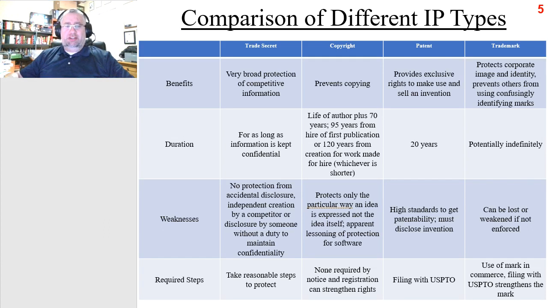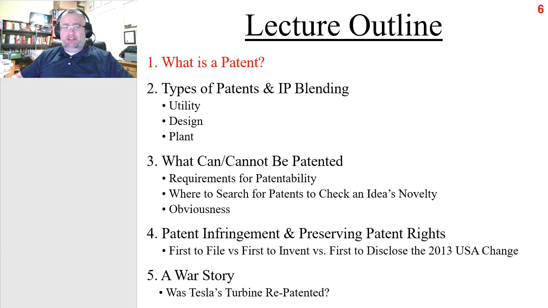Once you have the static slides, which you can download from the course website, you could just take a look at this to very quickly be reminded of what the four IP types are, what they do, how they function, how long they last, how to get them, and so forth. Okay, so with all that covered, let's jump into the lecture.